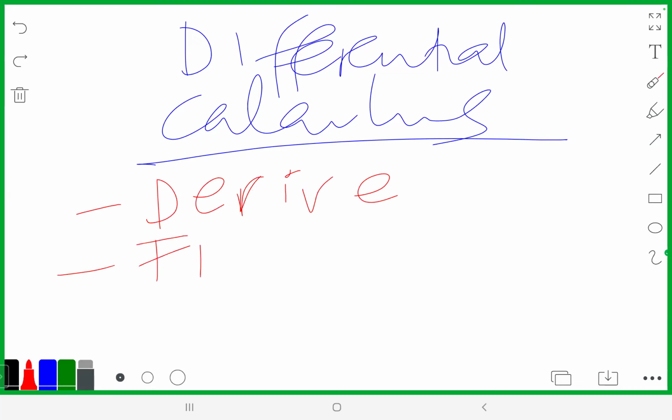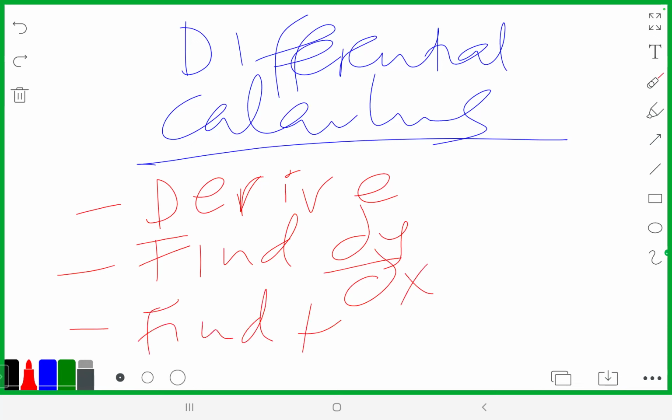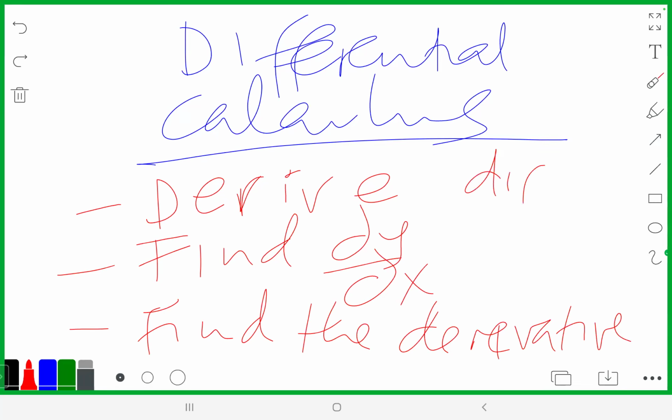Or you can be asked to find the derivative, dy over dx, of a given function, or to just find the derivative of the function. Or you can be told to differentiate. Is that clear? Yes.